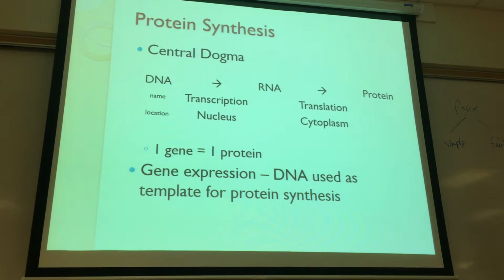Now if you take a look at what we do with that DNA, in the process of developing that protein, the main central dogma of protein synthesis is that we take DNA and copy a DNA strand into an RNA to eventually create protein.